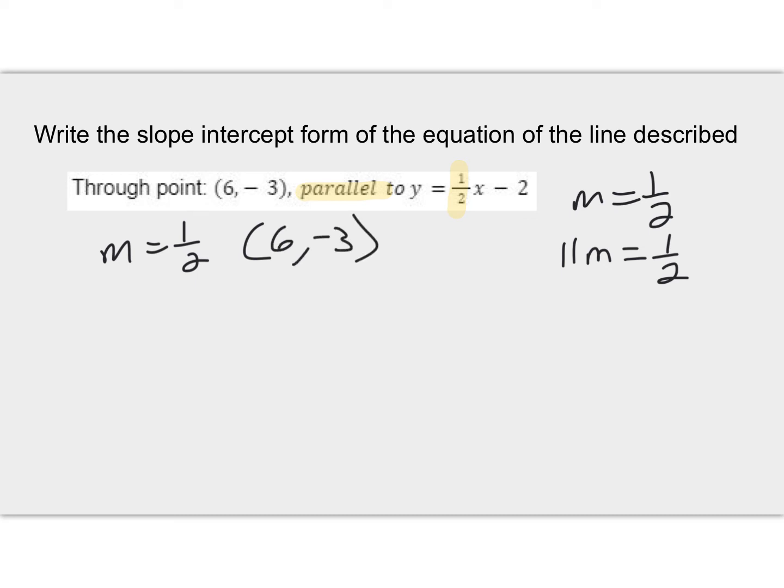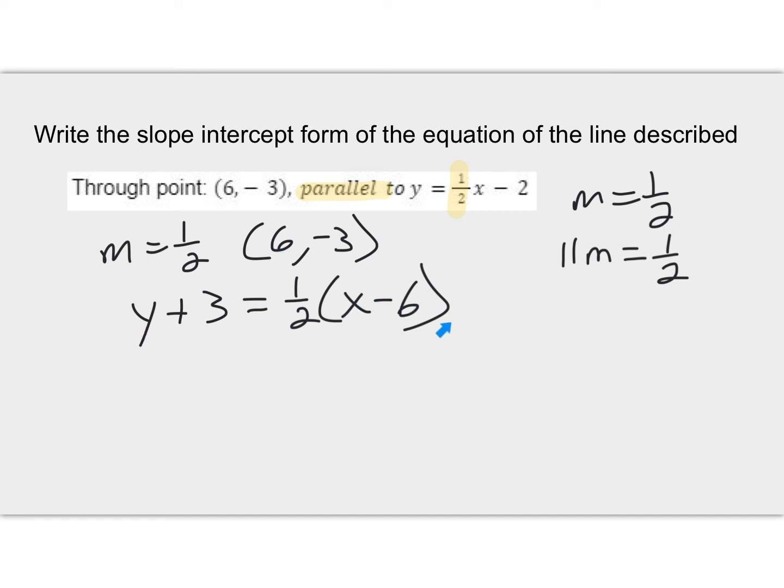So I have to start with point slope form. So that's going to be y minus -3, which is plus 3, equals the slope of 1/2 times x minus 6. There's my 6 right there, and it's x minus 6.